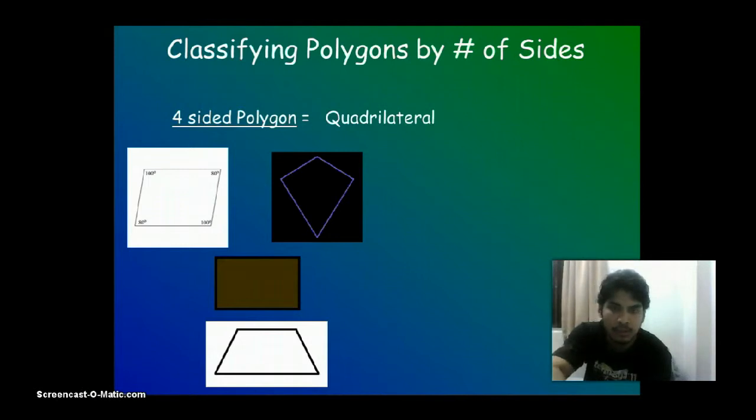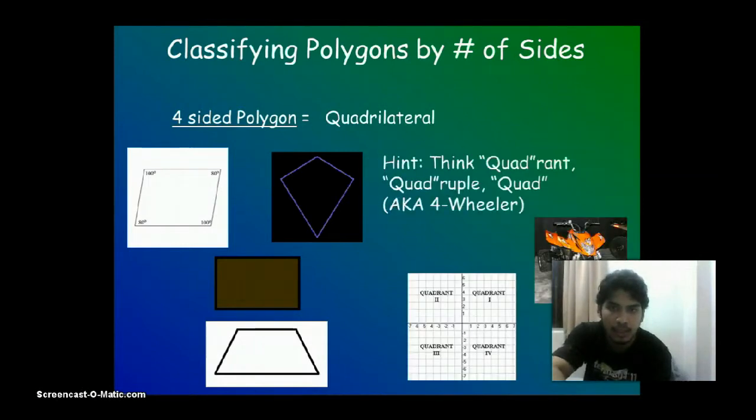There are many types of quadrilateral, like the one on the left side, we call it a square, and then rhombus, and at the bottom we call it a trapezium.